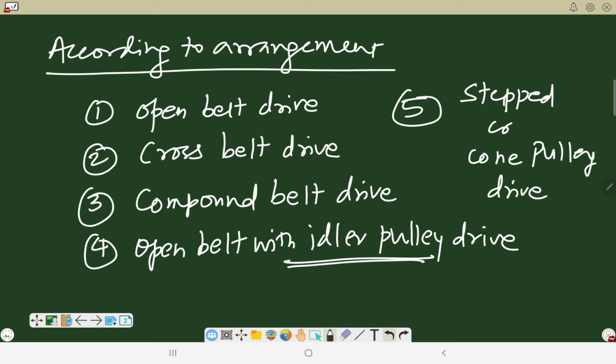So these are the five types of belt drive according to arrangement.